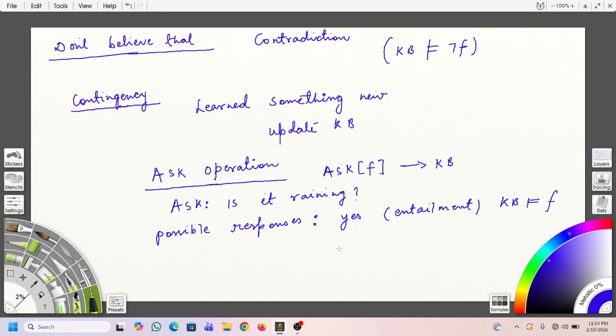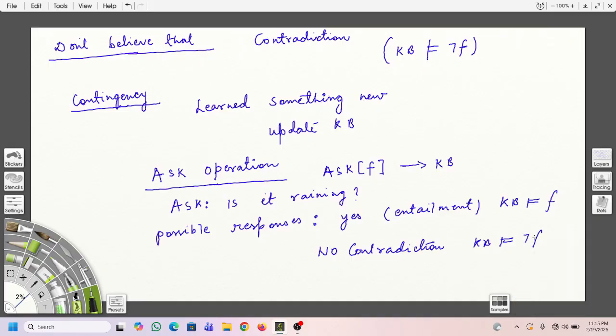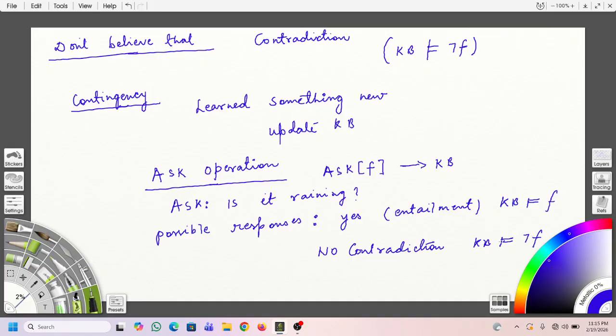The second is contradiction, and here it will be no. Here I can write KB entails negation of F. So this is about our ask operation.